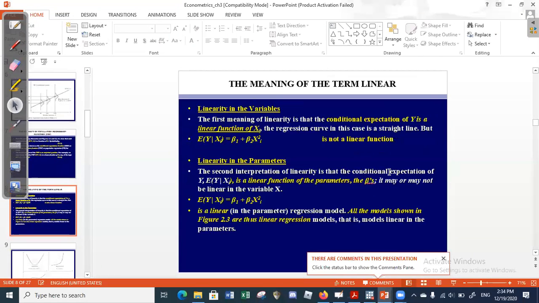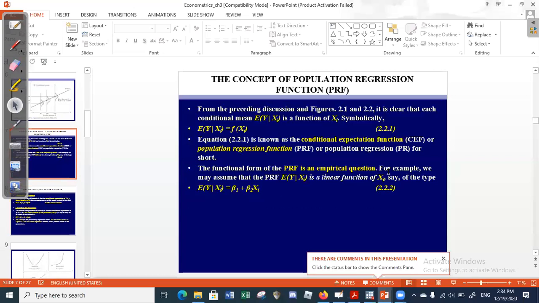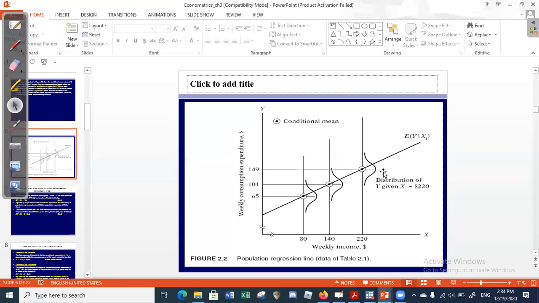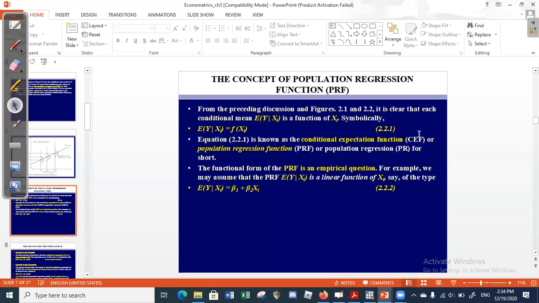If you recall the basic definition of the population regression function, PRF, the expected value of y given xi.